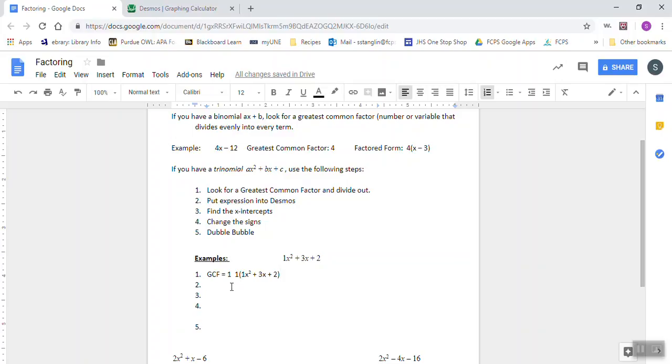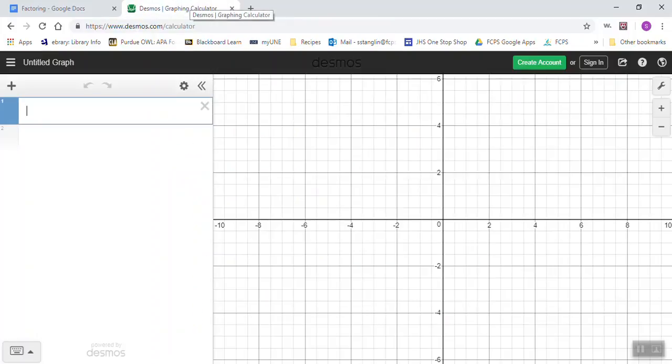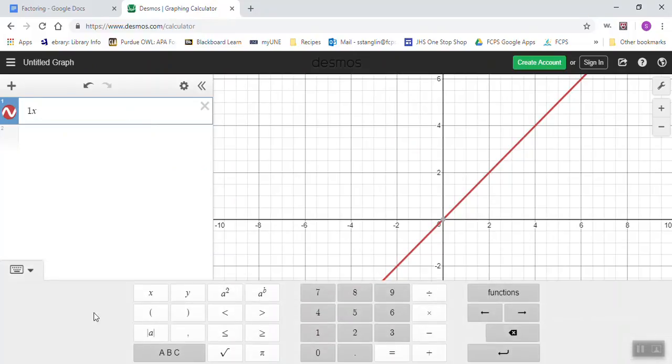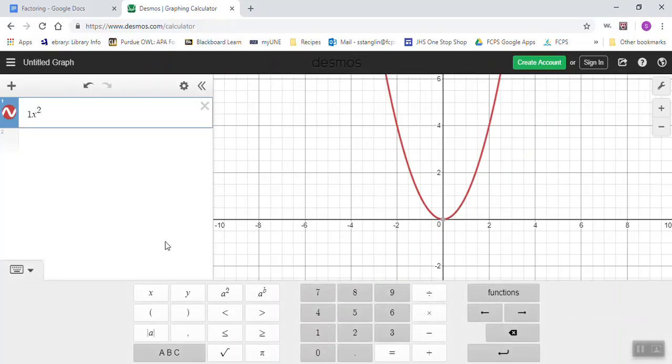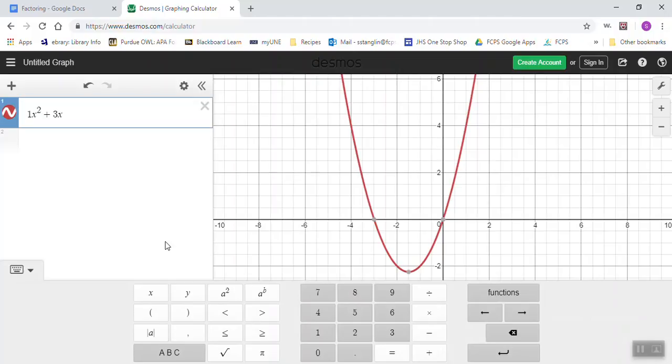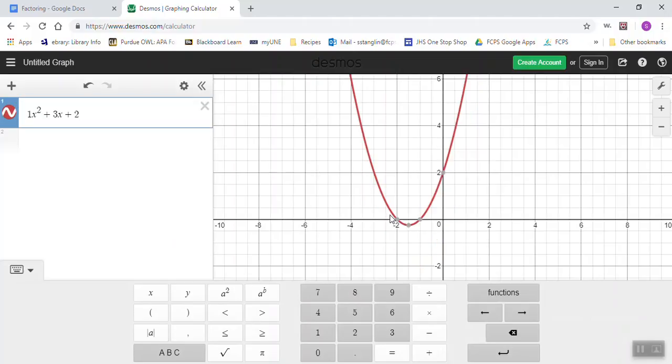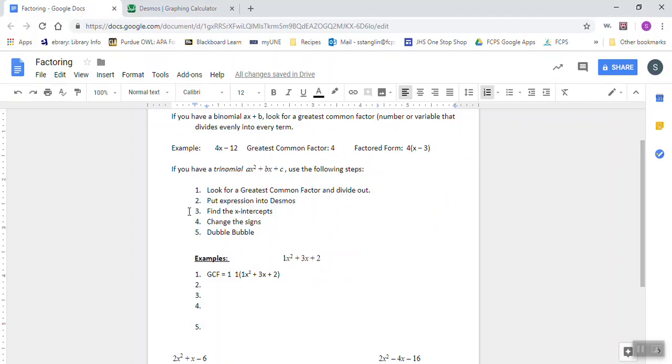Alright, so then the next thing is to put the expression in decimals. So I'm going to go ahead and put this in. Okay, so our next step says to find the x-intercept. So here are our x-intercepts, negative 2 and negative 1. Okay, so we put this in decimals.